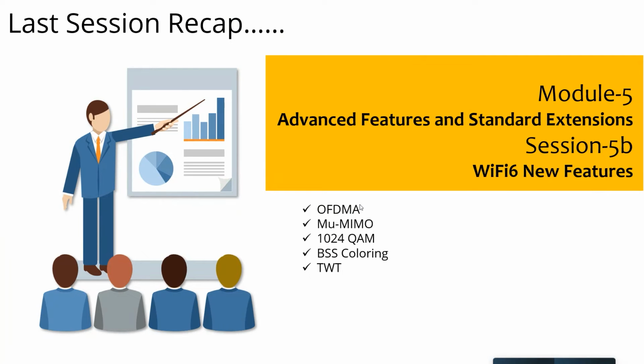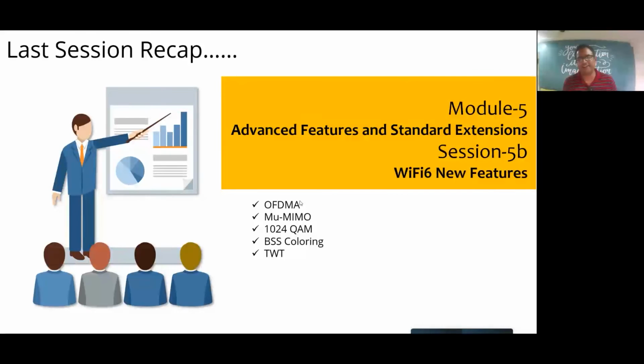So we talked about how OFDMA works. We explained the changes in OFDM between Wi-Fi 5 and Wi-Fi 6, the spacing between the subcarriers, the guard intervals, and a number of other changes. We also talked about how uplink OFDMA and downlink OFDMA work, the concept of trigger frames, and the concept of RU allocation.